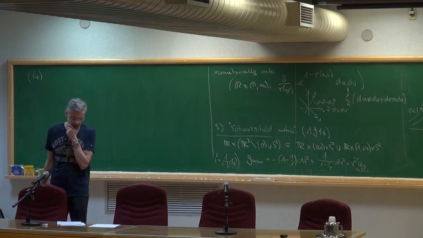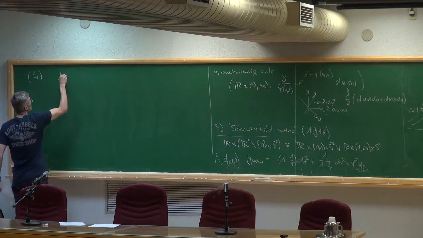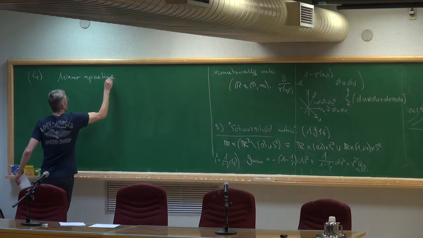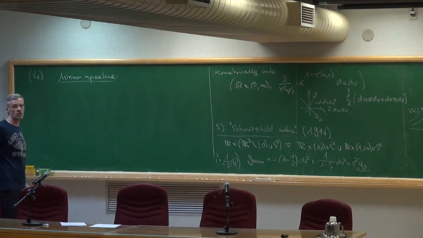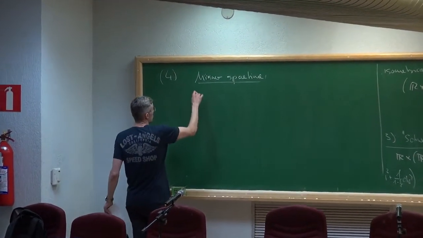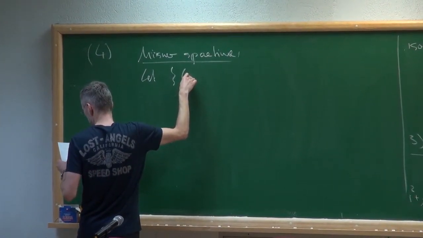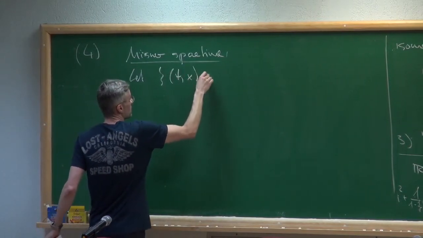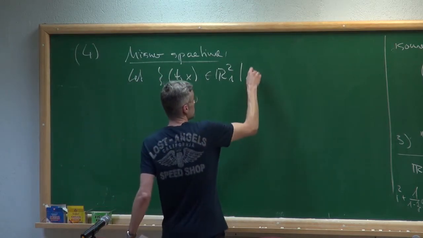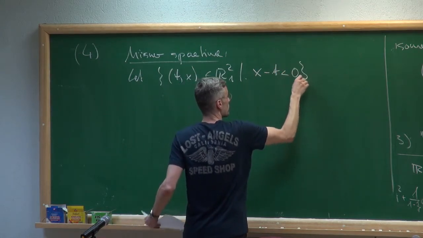And in a certain way, it is actually easy, but in other ways not, because I can give you the following simple example. It's the so-called Misner spacetime. It has a certain funny behavior you will not expect when you know Riemannian geometry, and especially Riemannian geometry of flat manifolds. So we look at those, what did I write? (t, x) in R^{2,1}, two-dimensional space, such that x minus t is smaller than 0.